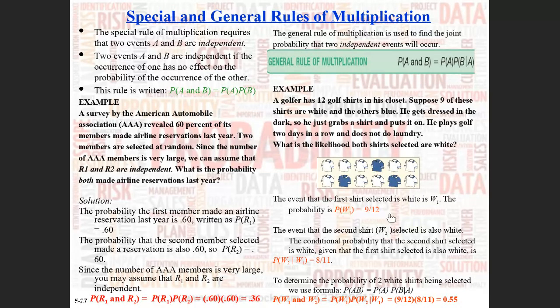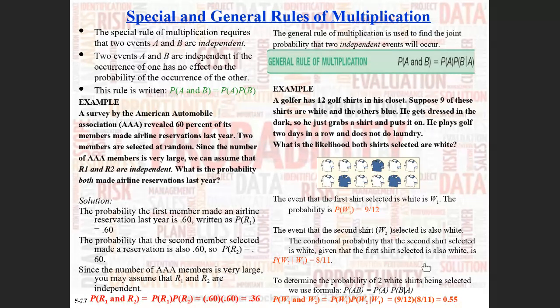And if we reduce that, what do we have? If we divide the fraction by 3, what do we have? 3/4, and what's that percentage? 75%, right? So it's a 75% chance that the first shirt selected will be white.